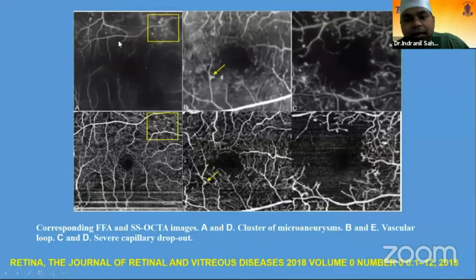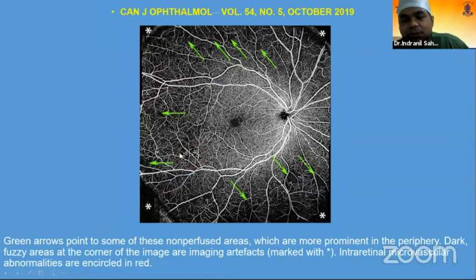These are images comparing the FFA with the OCT angiogram: the microaneurysms, the vascular loop, and then the enlarged foveal avascular zone with areas of non-perfusion. The green arrows again show areas of non-perfusion. The red shows an IRMA and the foveal avascular zone. And these are the artifacts which were spoken about in detail by Dr. Priyanka in the earlier talk.